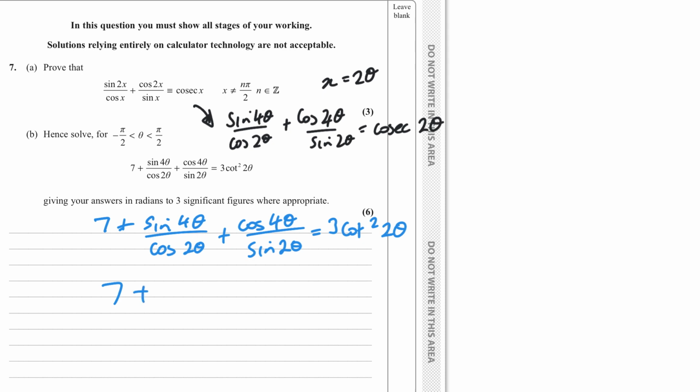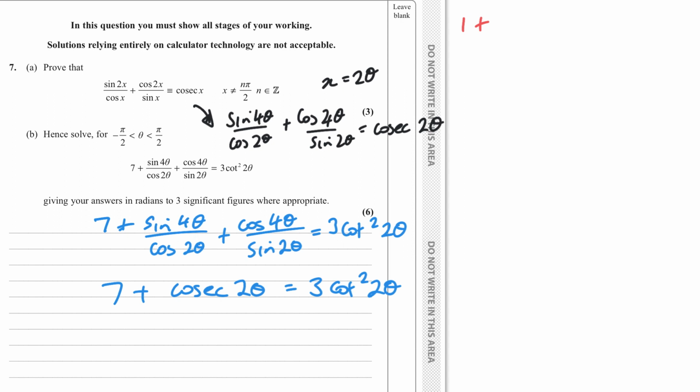So 7 plus cosec 2 theta equals 3 cot squared 2 theta. Now, cot squared is linked to cosec squared. Remember that, and again I'll put this in red at the top.